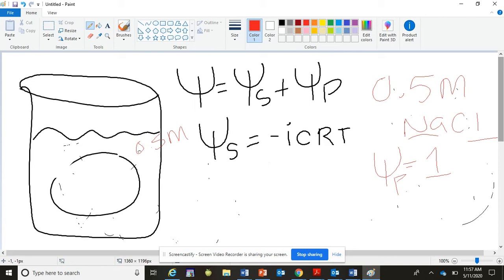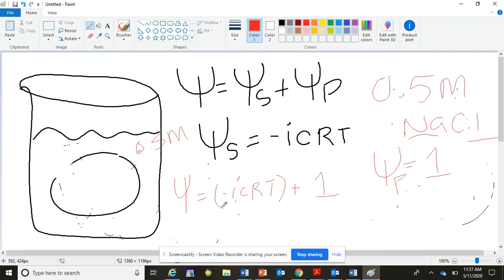So we're not given enough information to plug it into the equation up here. We actually have to determine what the solute potential is using this. So our equation would look like the water potential equals, instead of solute potential, we would insert the equation negative iCRT, and then we would add the pressure potential, which is 1.